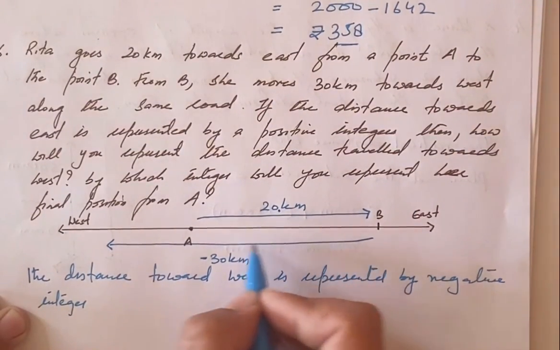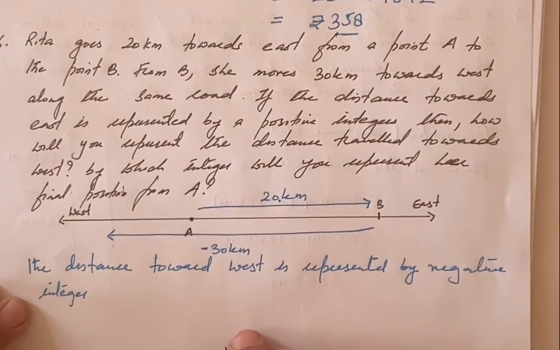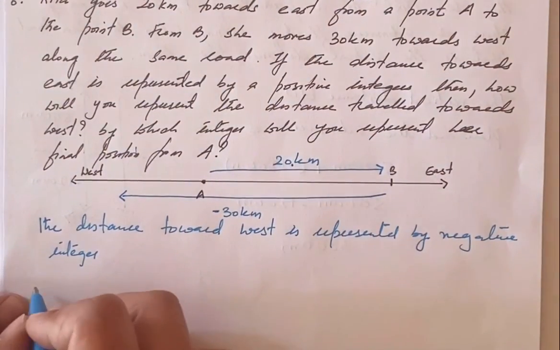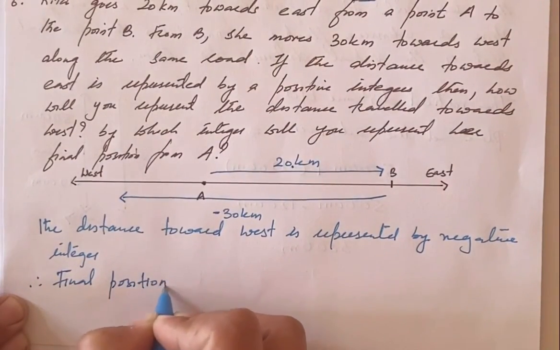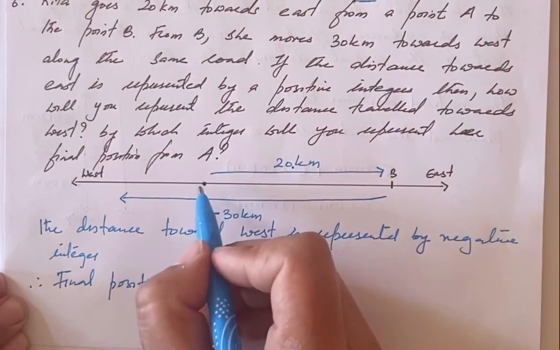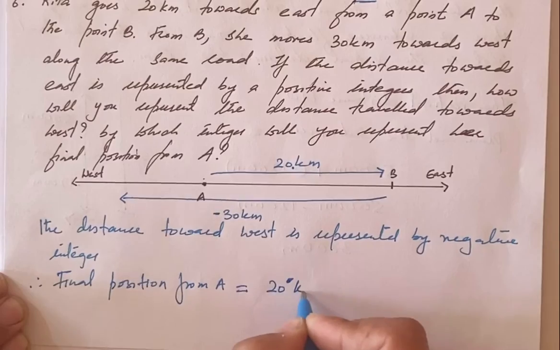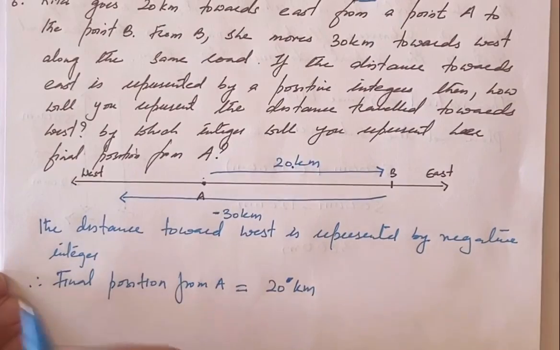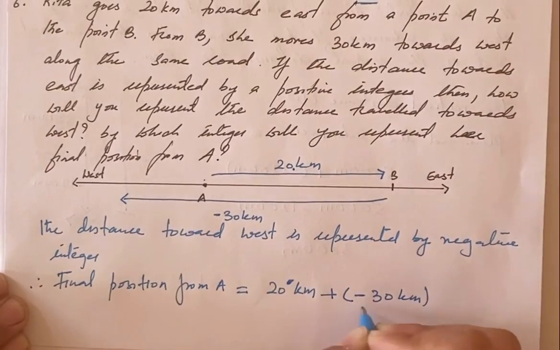We have to find her final position, at what distance she is from A. Therefore, final position from A equals, first, she moved 20 kilometers from A to B. Then she came back 30 kilometers from B towards A, so minus 30 kilometers. Why is it taken as minus?